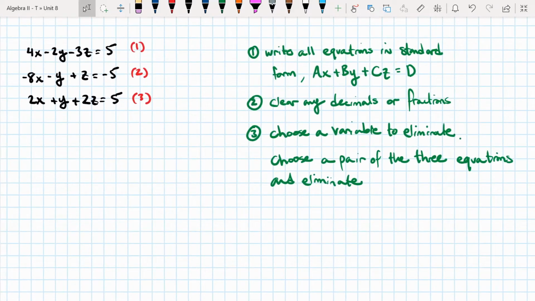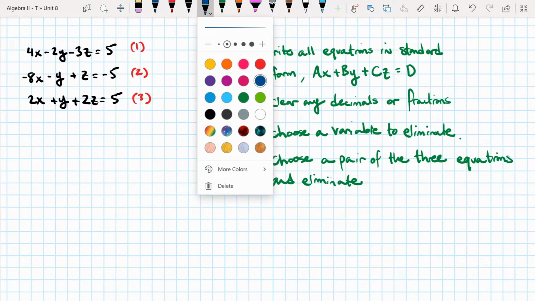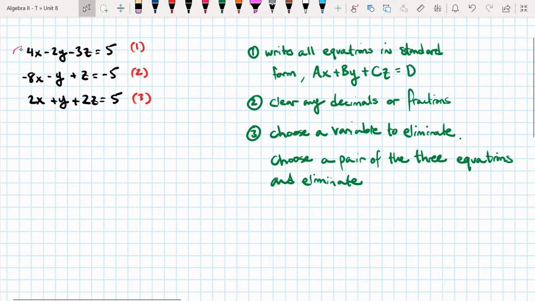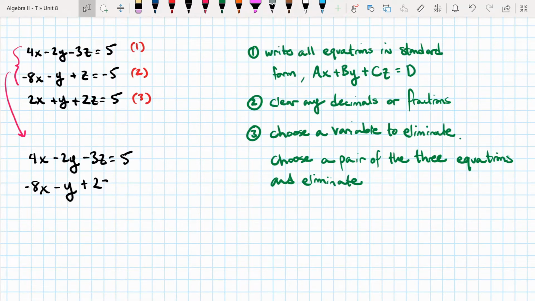Let's take the first pair here, and I'm going to eliminate y by rewriting these equations, except for the second equation, I'm going to multiply the entire equation by a number. So I'm going to multiply the second equation by the number 2.